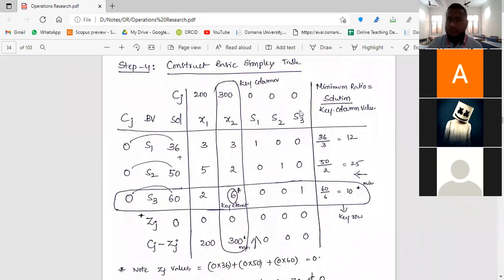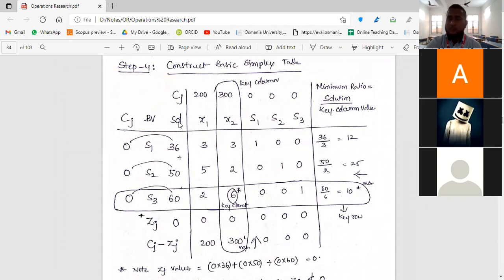It will be very easy for the people who have attended the graphical method problem. Otherwise, you do not know what is this Cj, what is this solution, what is this basic variable, and we need to start from the beginning. So first is Cj, solution, same Cj, BB. These 4 you need to remember on the north corner of the table.